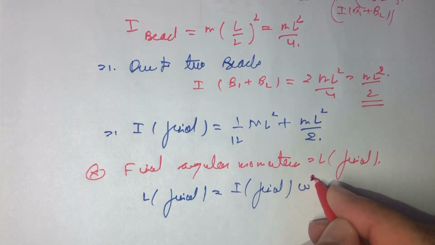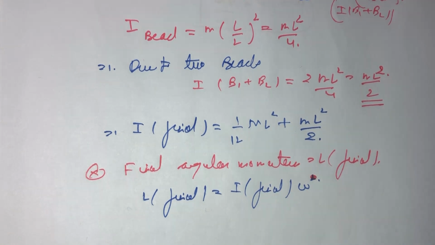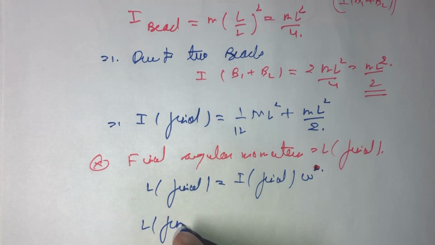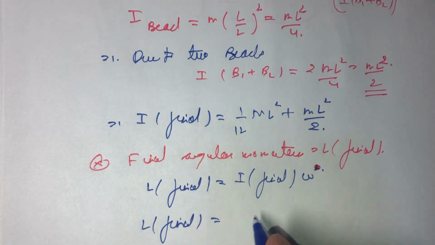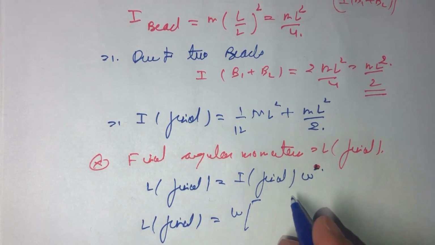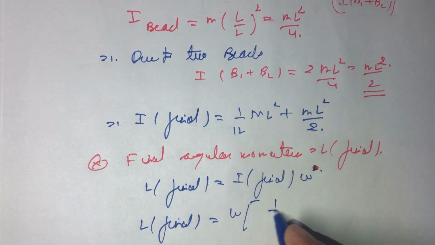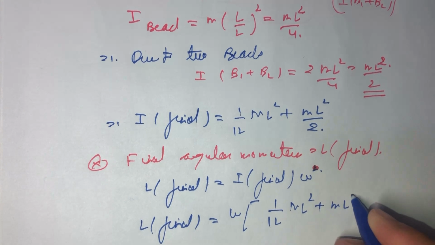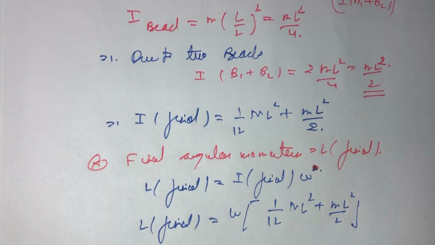And we substitute the value of I final, so we get L final will be equal to omega multiplied by 1/12 ML square plus small mL square divided by 2.